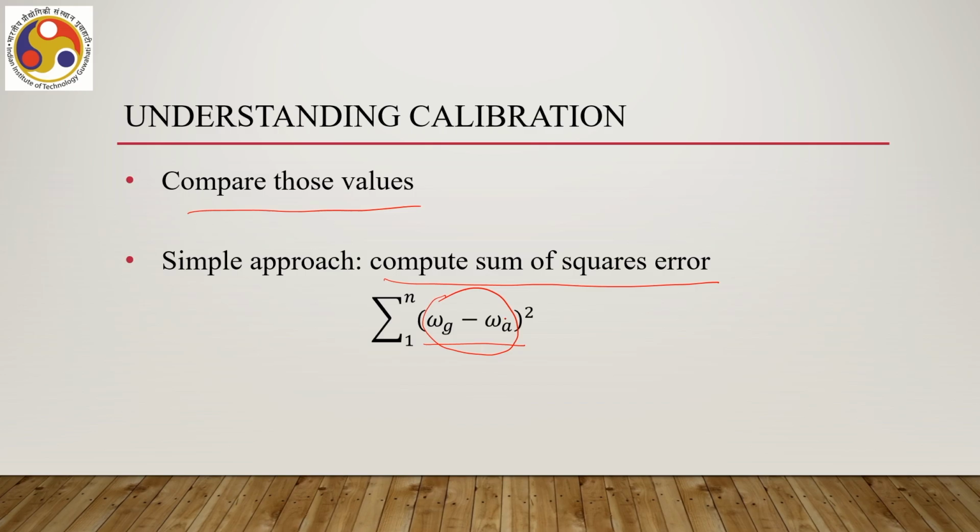We are squaring it and then taking the sum of all such square values, that is for all pairs of samples. So, we have n values for omega A and n values for omega G. For each pair we are computing the difference, then taking the square and then summing up all those values.